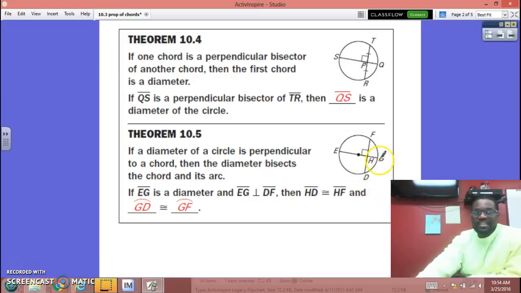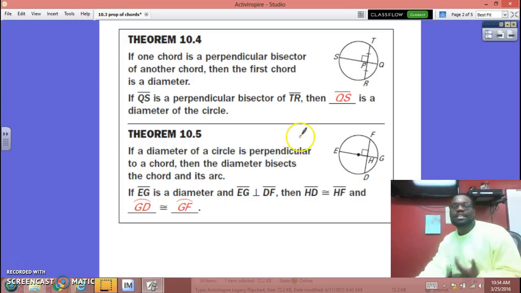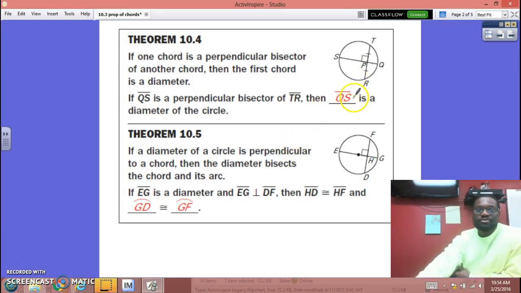So DG is congruent to GF, and FH, this segment here, is congruent to HD. What I used to do is take a look at the pictures and make sure I understand what the pictures are saying and then correspond it with the words. Right now I'm just reading back to you the theorems. It's up to you to implement these and make sure you understand what it's saying here.